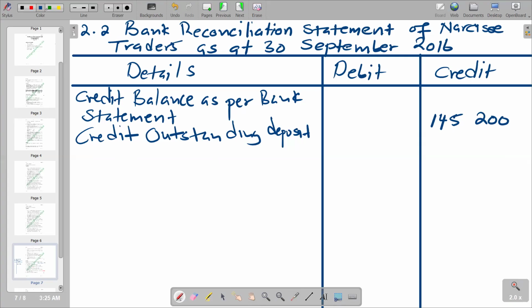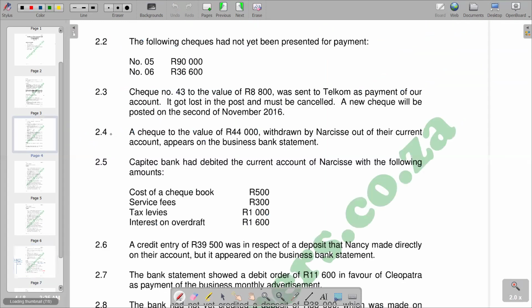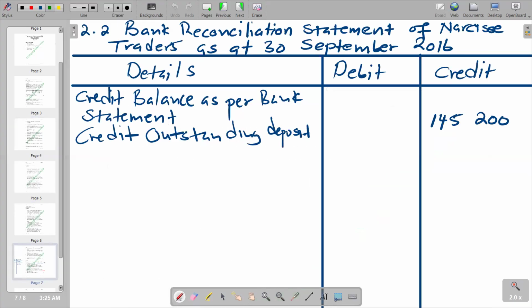So after outstanding deposits, we are now going to our transaction that we've identified there, whereby it's payment. So we're going to list the two checks and we put them on the debit side of our bank reconciliation statement. Remember, they are already appearing on the credit side of the cash book. So in the bank statement, they should appear on the debit side.